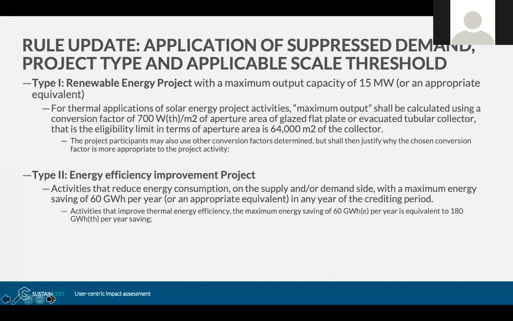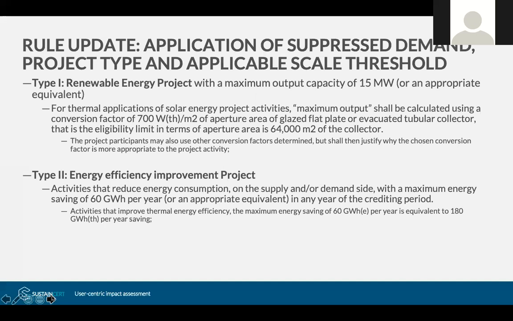So here, the small scale threshold is fixed at 60 gigawatt hour per year or an appropriate equivalent figure in any year of the crediting period.